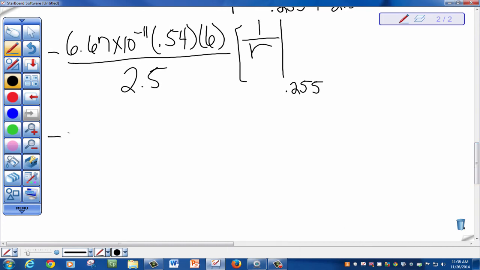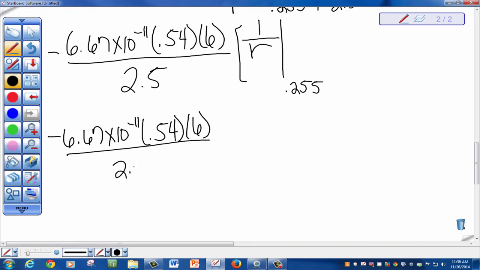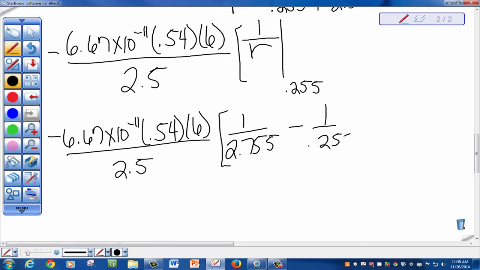So here we get negative 6.67 times 10 to the negative 11, 0.45 times 6, all over 2.5, times 1 over 2.755 minus 1 over 0.255.